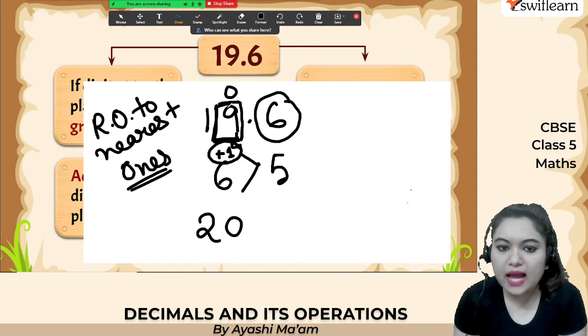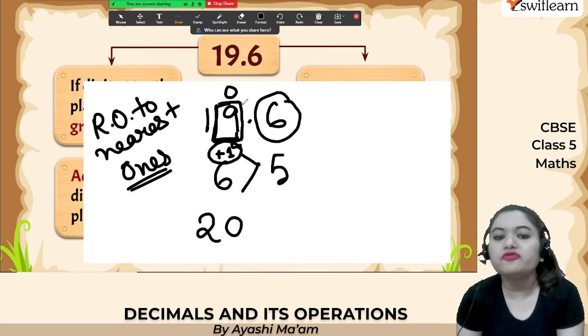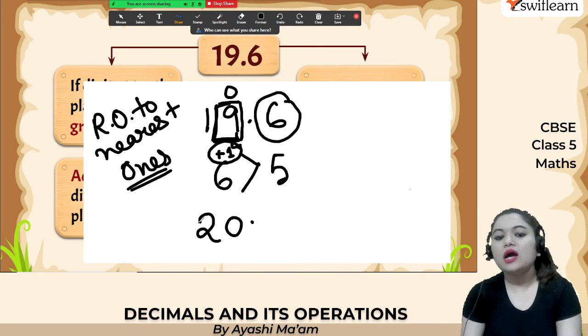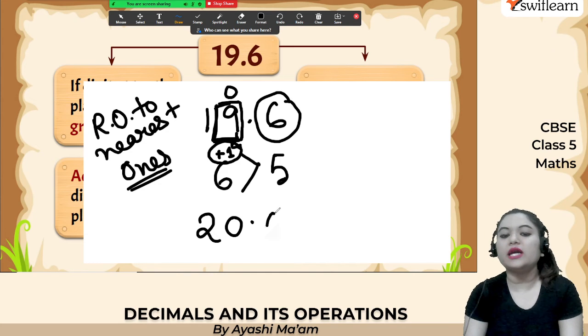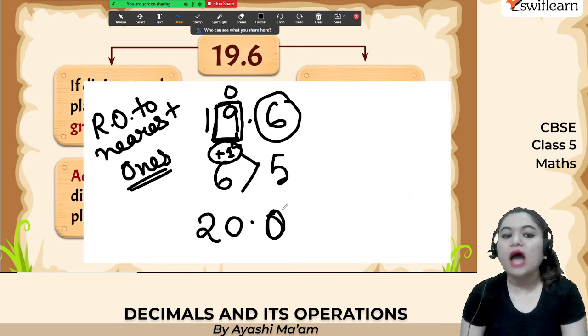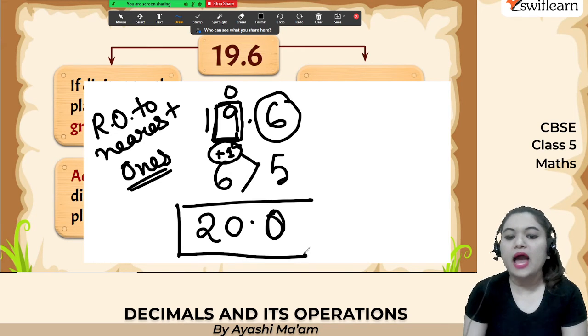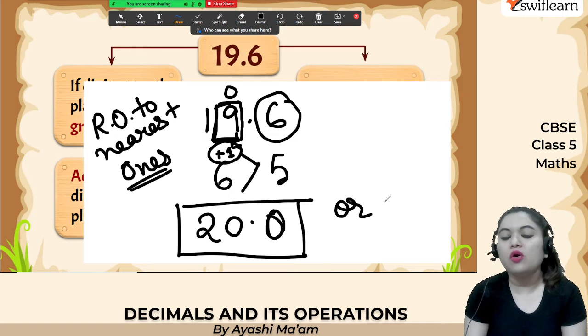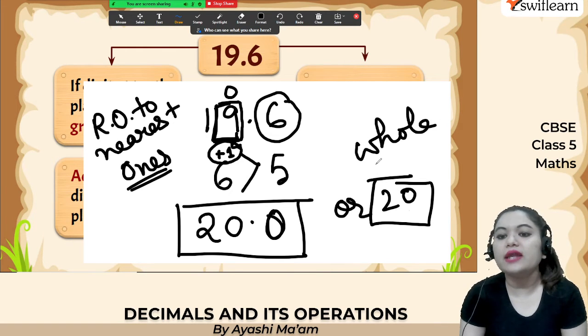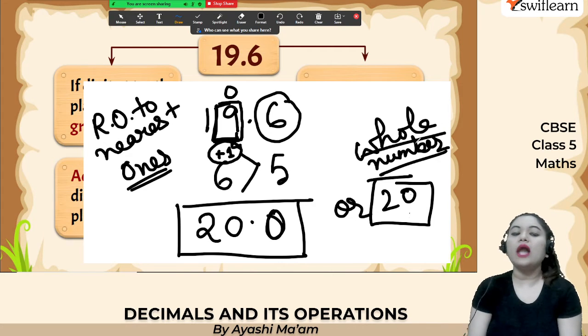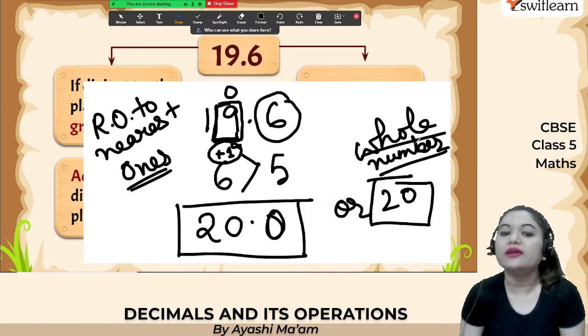You have been asked to round off to the nearest ones, so you will write the digits up to the ones, and after ones everything will become 0. So this 6 will become 0. So when we are rounding it off to the nearest ones, our answer is coming as 20.0 or 20, same thing. And you can see that we are getting a whole number after rounding off to the nearest ones.